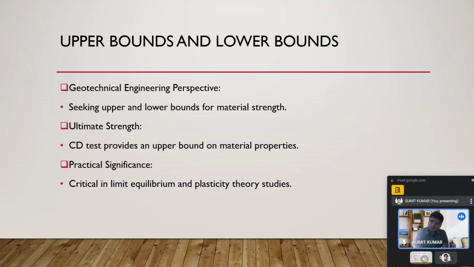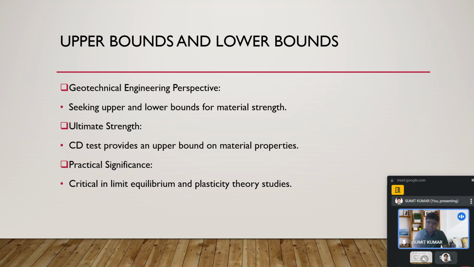Now the upper and lower bound in the geotechnical engineering perspective. When we talk about these theories, you must have known the term from steel structure courses, the upper and lower bound theory, equilibrium, sway mechanism, and different mechanisms you have gone through during the plastic analysis study.